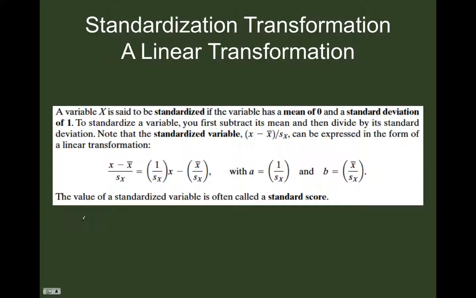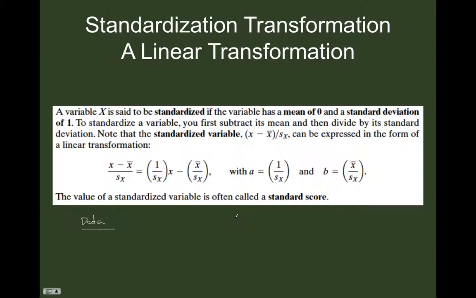In Chapter 5, we're talking about data, not populations, and that's why the transformation has the sample mean and the sample standard deviation.